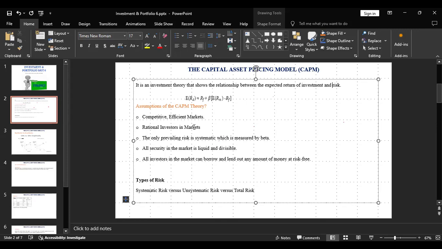We also assume all securities in the market are liquid and divisible. They are trying to say that you can easily sell your security without losing value, which is not always so. The next assumption is that all investors in the market can borrow and lend at the risk-free rate.